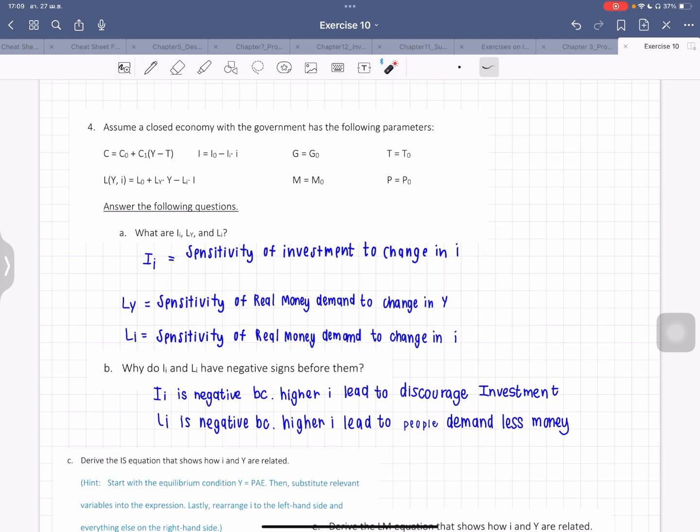And L subscript small i, which is the sensitivity of real money demand to a change in the interest rate, is negative because a higher interest rate leads people to demand less money in the economy.